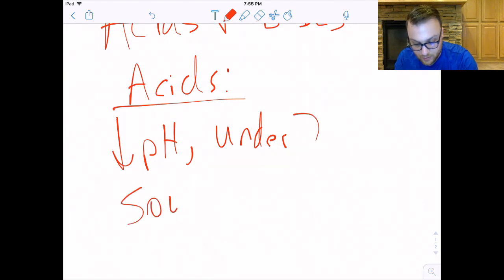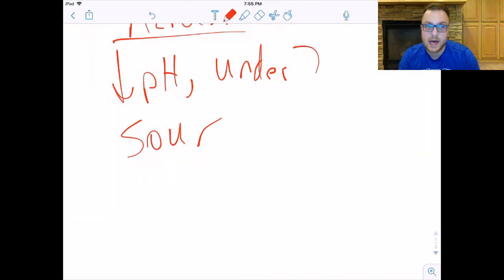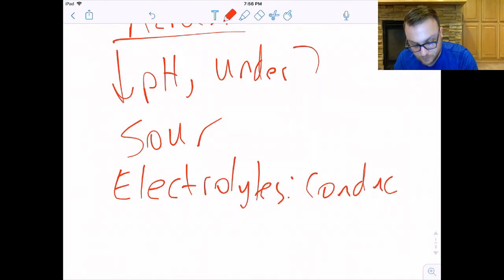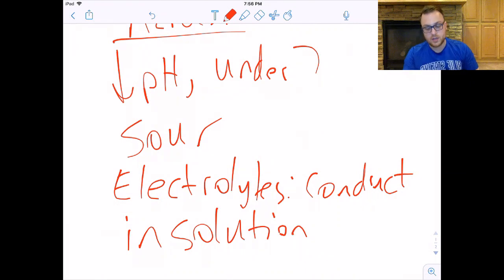They're sour in their taste. They are considered electrolytes, and we're going to do a lot of stuff with electrolytes later. So we consider them electrolytes. So they conduct in solution. So when you dissolve acids in water and you make an aqueous solution, they will conduct electricity.